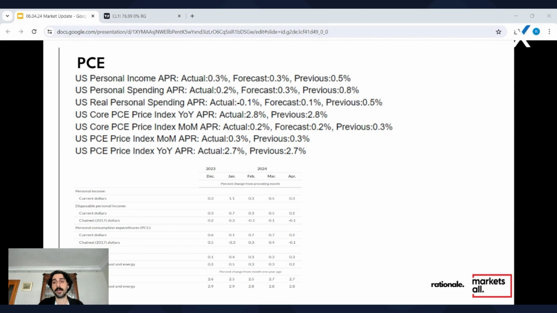Real personal spending, as you can see, recorded a monthly decline for the first time since January. The headline monthly number has remained 0.3% for the past 3 months, with a yearly change of 2.7, and on the core side 0.2, the lowest since December, with a yearly change of 2.8.